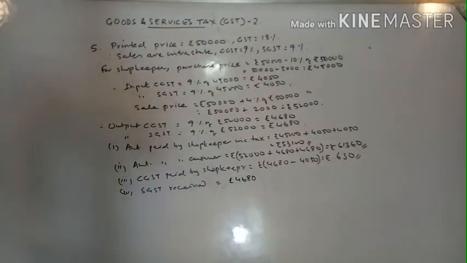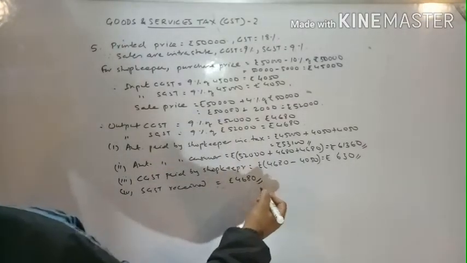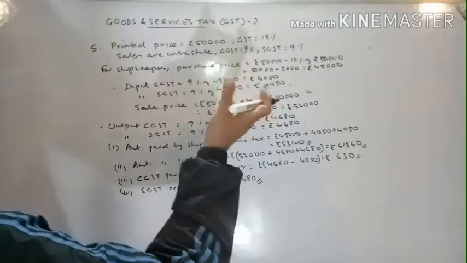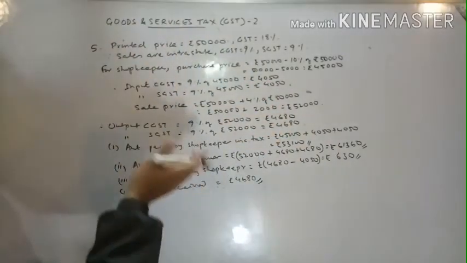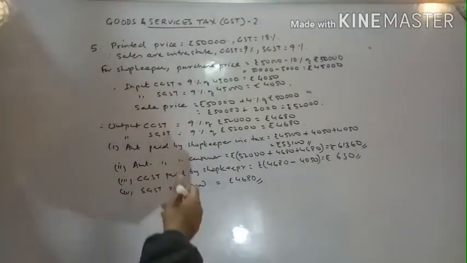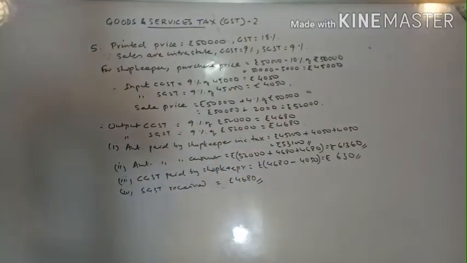Because here the shopkeeper will pay only 630, because the rest he already paid to the manufacturer, and the manufacturer will pay to the government. So eventually the central government and state government both will receive 4680, which is paid by the consumer. Okay, now the next question.